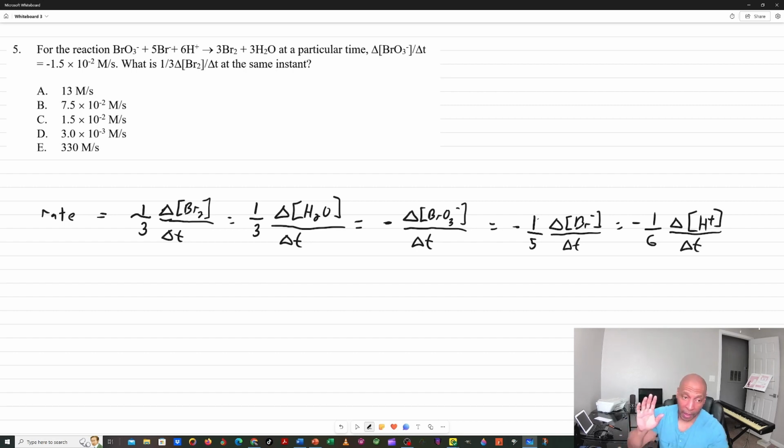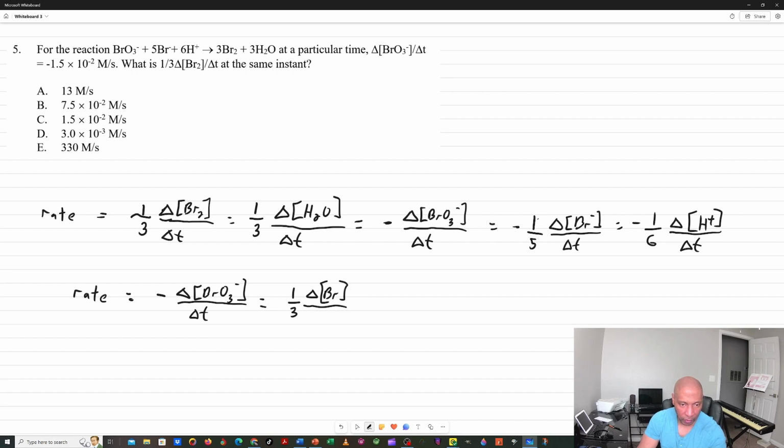Now, I know I didn't have to do that because we're just trying to relate a bromate concentration with a bromine concentration, so I could have left all those other ones out. I could have just put this up here. The rate is equal to, I'll just put a negative of the change in the bromate concentration with respect to the change in time. And of course, set that equal to 1/3 the change in my bromine concentration with respect to the change in time.